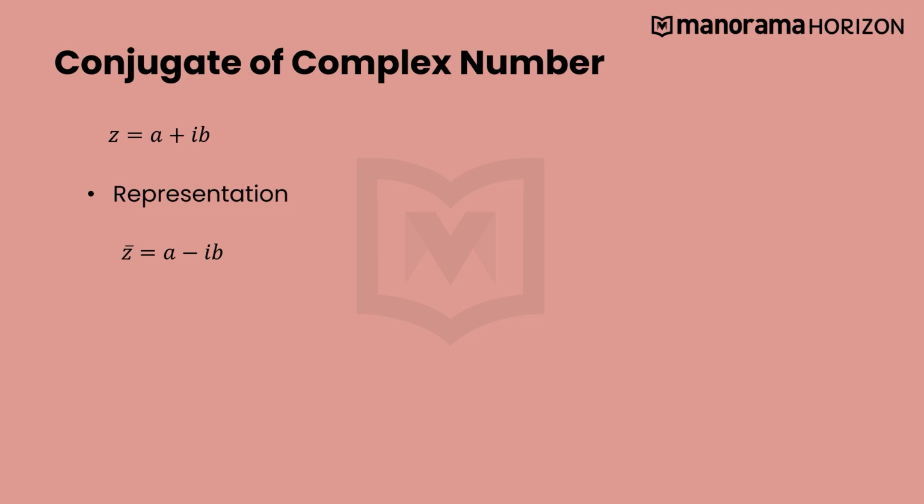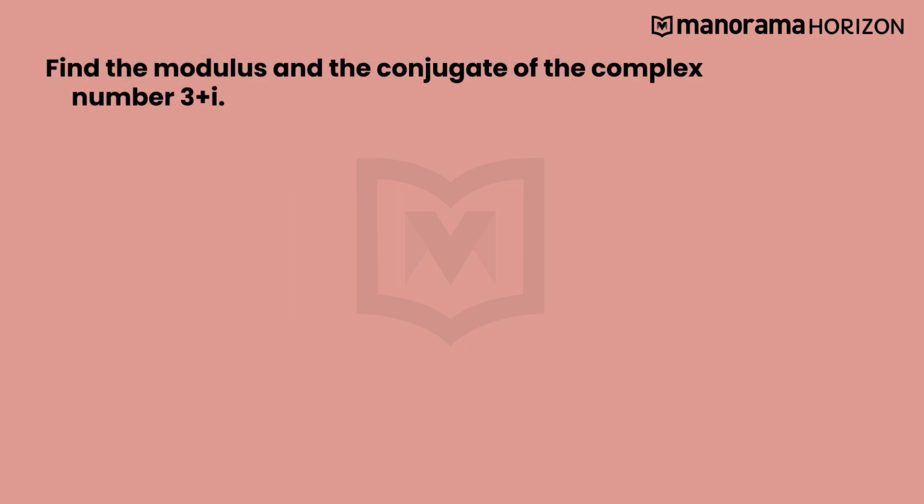Now let us see some examples to understand more. Find the modulus and conjugate of the complex number 3 plus i. So our complex number z is given by 3 plus i. First we need to find the modulus. So modulus of z can be found out by using the square root of a square plus b square.